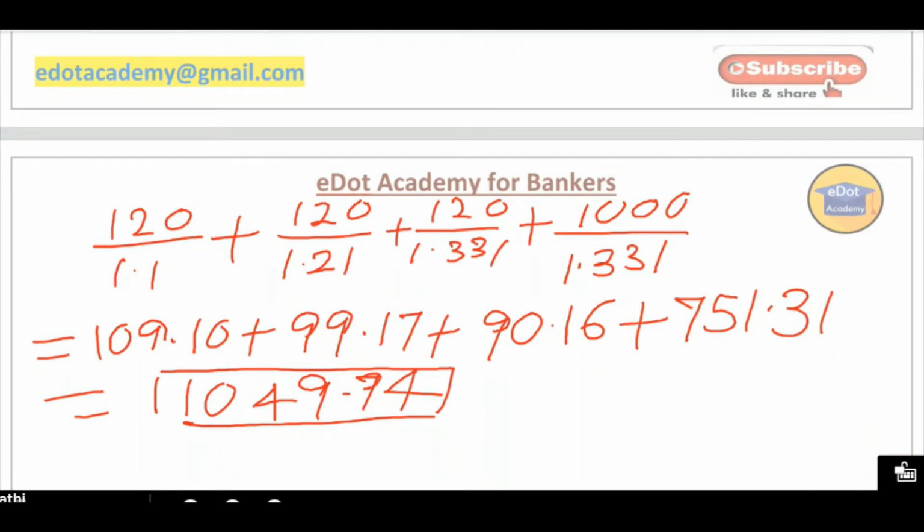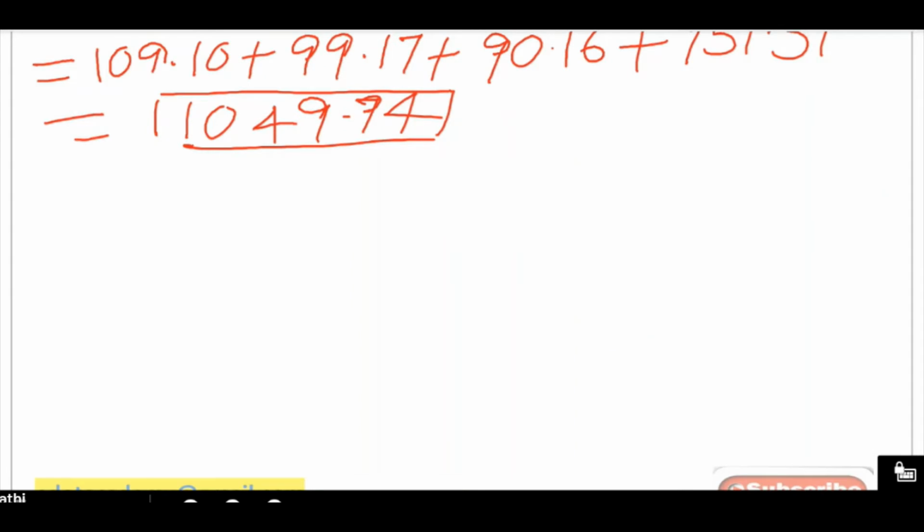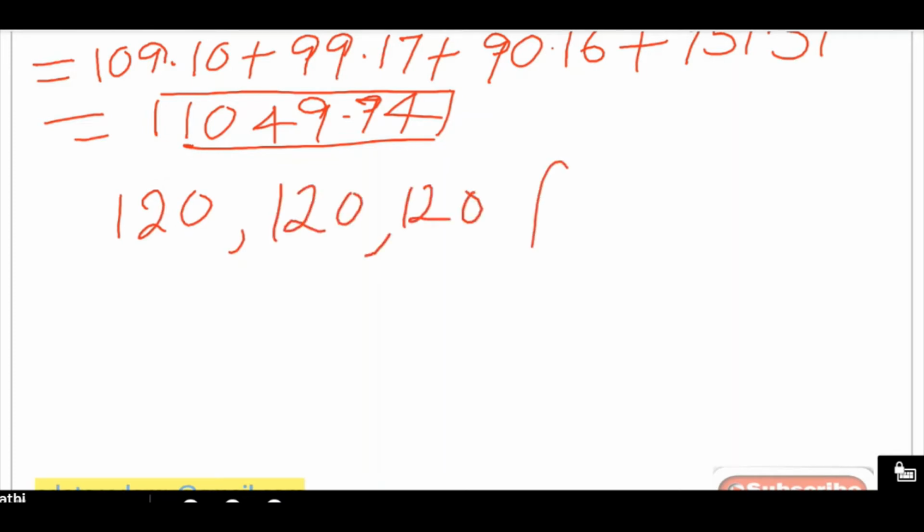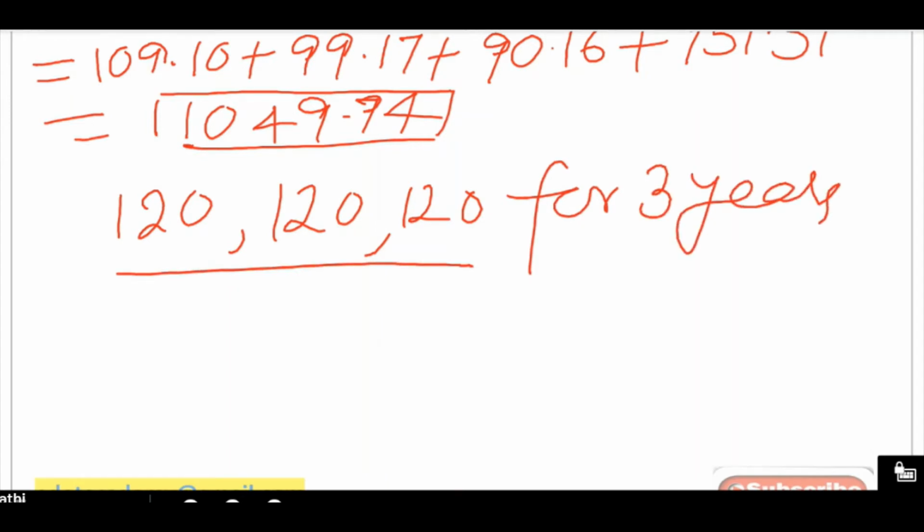Now coming to the concept, we're using a different formula once again. Now we'll see the different formula. What is the concept here? At the end of every year we are getting 120 rupees, 120 rupees, 120 rupees for 3 years. So this has become the case of present value of ordinary annuity.